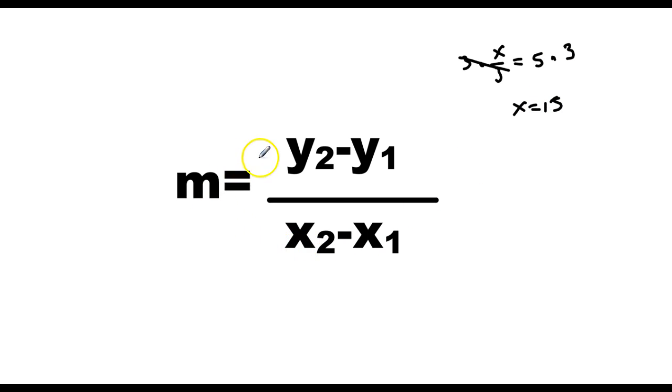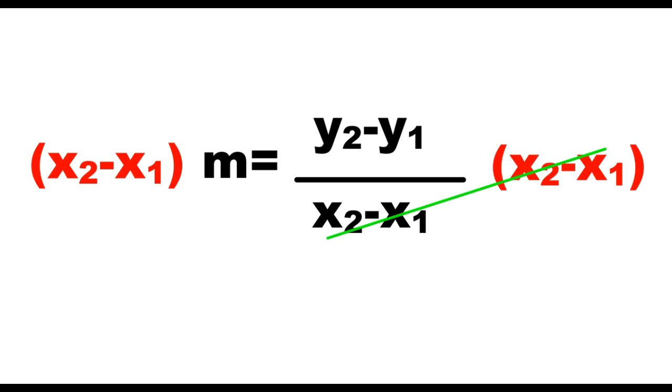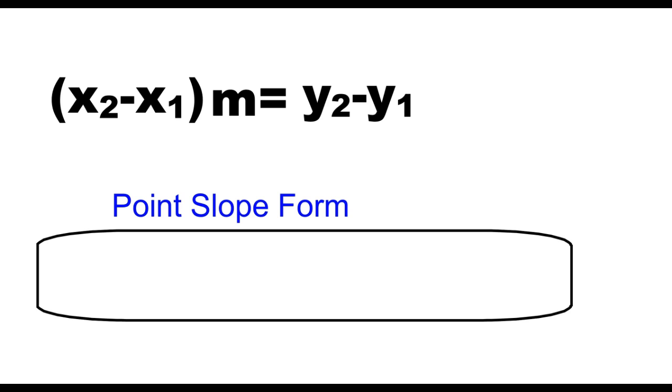To get y2 minus y1 by itself, we're going to multiply both sides by the denominator. So when I multiply this side by the denominator, this cancels out, and then I end up with m times x2 minus x1 is equal to y2 minus y1. And that's pretty much our point-slope form.